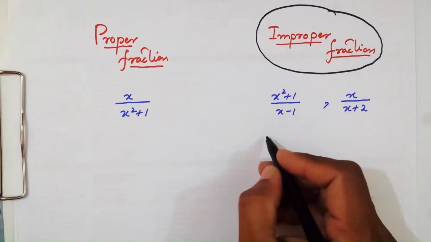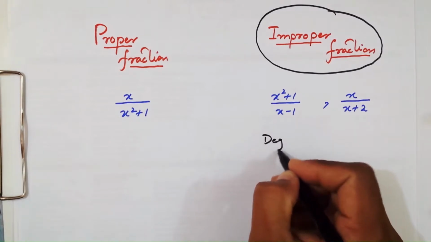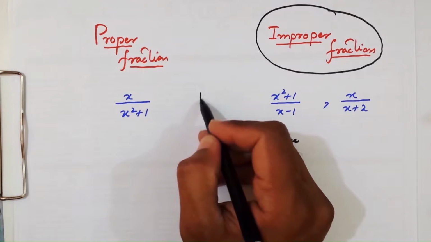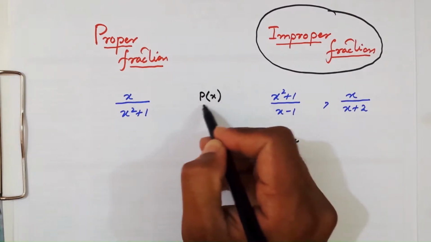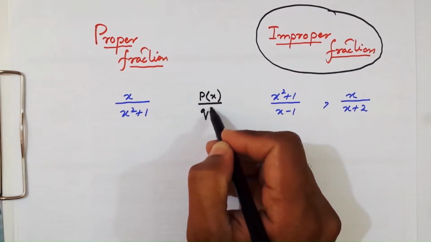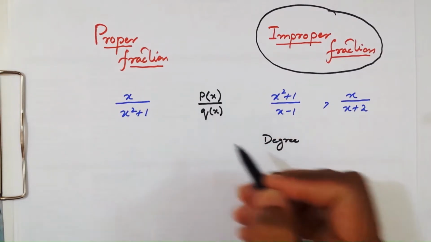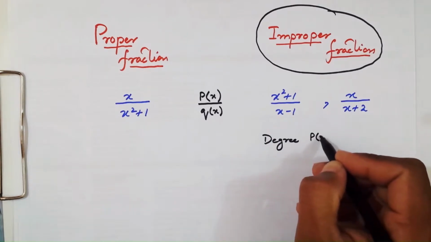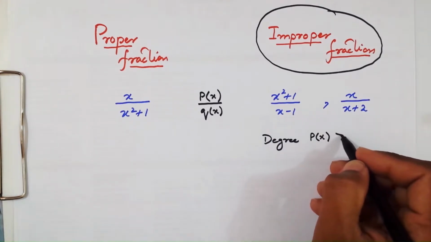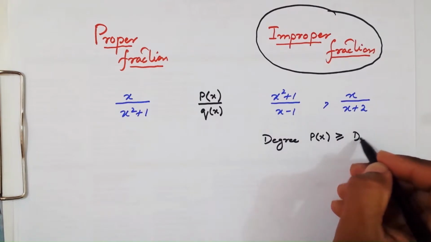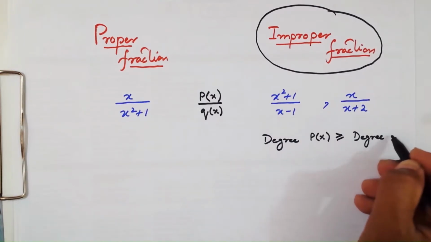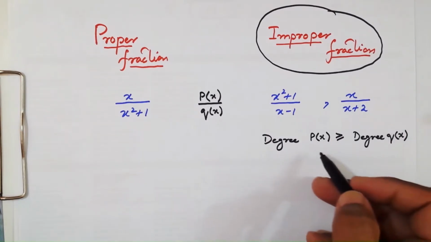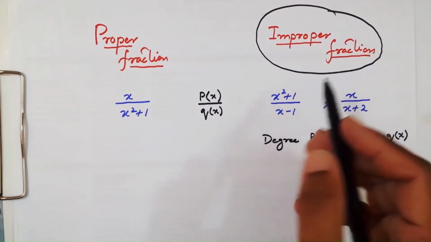You can write it as follows: I denote the numerator by p of x and the denominator by q of x. Then the degree of p of x is greater than or equal to the degree of q of x. Then these types of fractions are related to improper fractions.